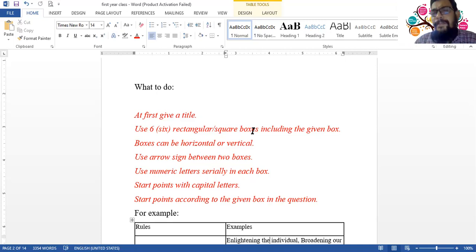You can draw with pen, but I do not prefer pencil drawing with pen, because it is a diagram. Students who are from science, when you draw a picture of anything, do you draw with pen or use pencil? You use pencil. That is why you have to use pencil for drawing these boxes. Boxes can be horizontal and vertical.